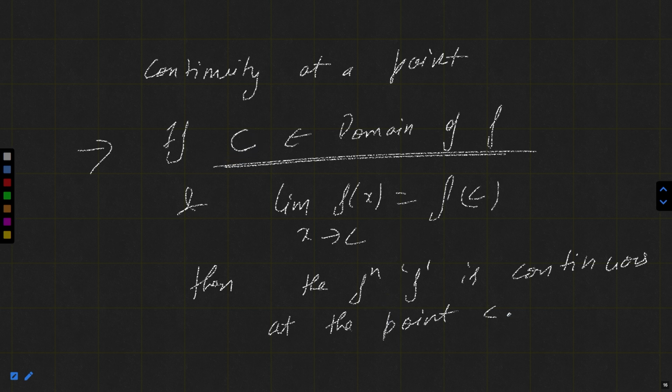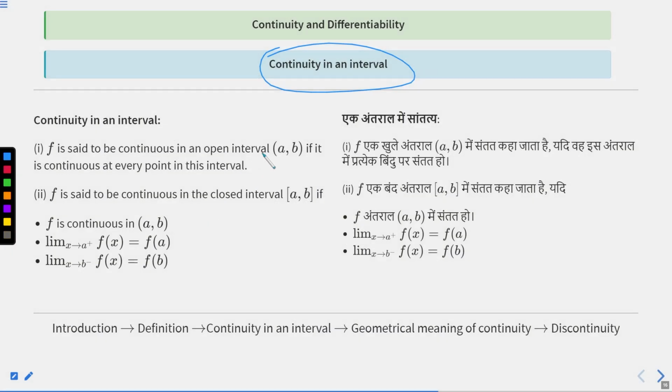We talked about continuity at a point. Now we will be seeing continuity in an interval. The definition is quite simple. f is said to be continuous in an open interval, which means (a, b), if it is continuous at every point in this interval.